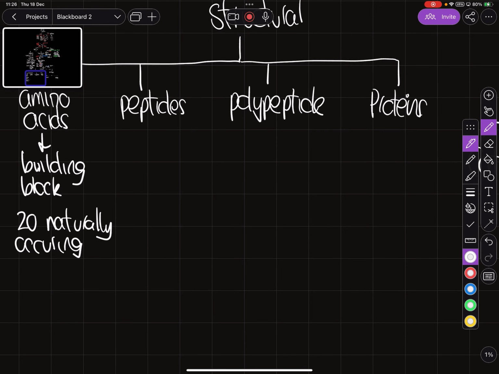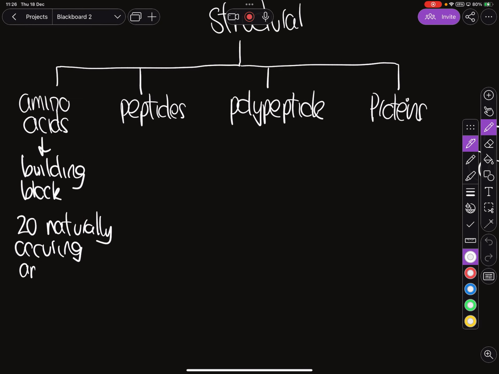So 20 different shapes. I'm only going to draw a selection of them here, but it might be a circle, it might be a square, it might be a triangle, it might be the little hexagons that we had earlier, it might be something that's star-shaped, but there's 20 different shapes. And as I say, the amino acids are our building blocks.